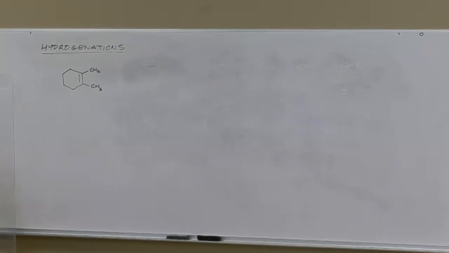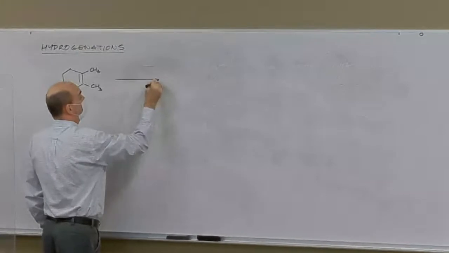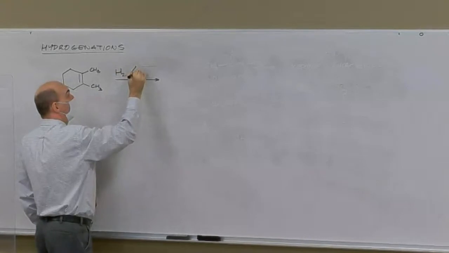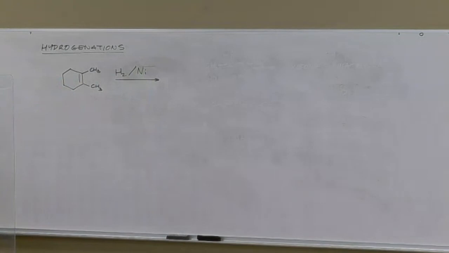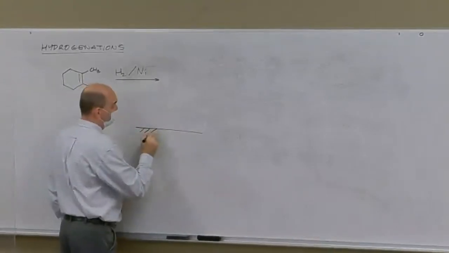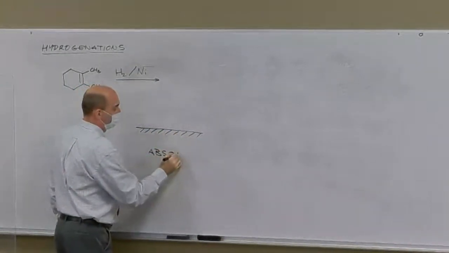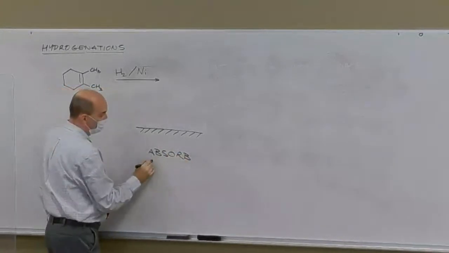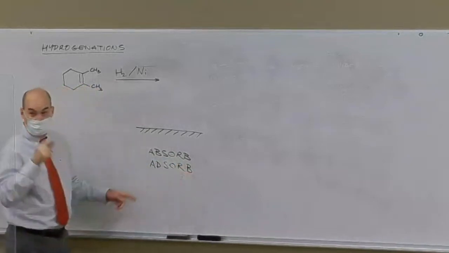Because we have two ways of doing the hydrogenation. The first is using a metal catalyst. We're actually going to take hydrogen gas and we're going to adsorb that hydrogen gas on a metal surface. So you've heard of this word before, absorb. But you may not have heard of this word before, adsorb.